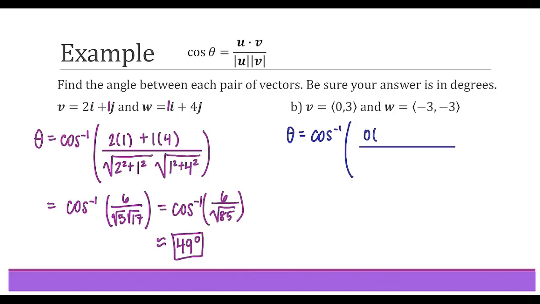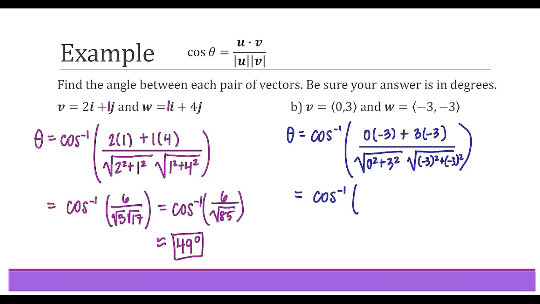So 0 times negative 3 plus 3 times negative 3 over the square root of 0 squared plus 3 squared, the magnitude of the first vector, times the square root of negative 3 squared plus negative 3 squared. So this is going to simplify to cosine inverse of, in the numerator, a negative 9.